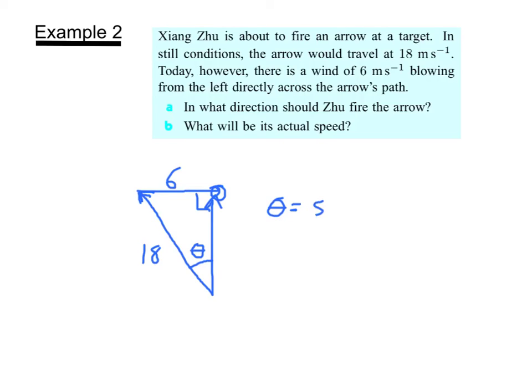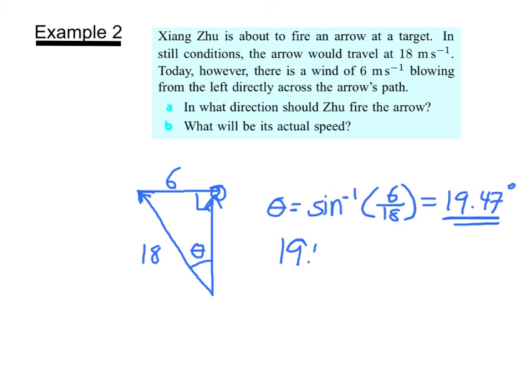We have inverse sine. Theta is equal to the inverse sine of 6 over 18, or 1/3. And that is approximately 19.47 degrees. So the direction here, because we weren't given any bearings, we need to qualify our answer. She should shoot about 19.5 degrees to her left. I can't be more precise with that in terms of bearings because I wasn't given any bearings in the problem.